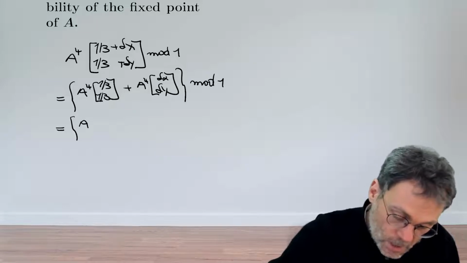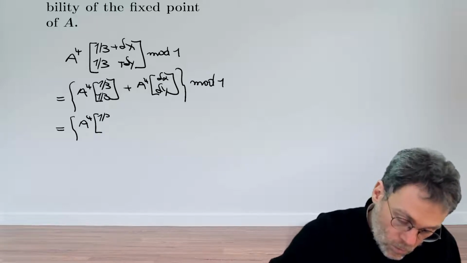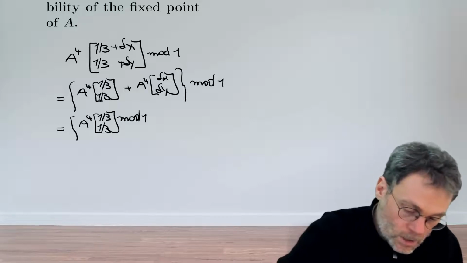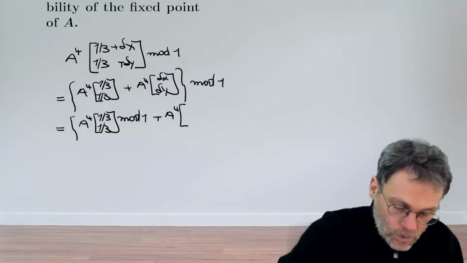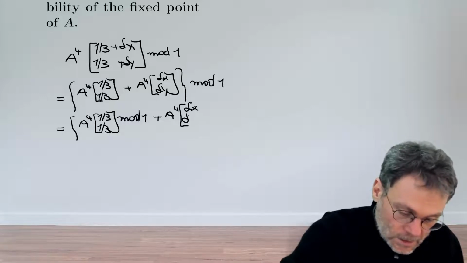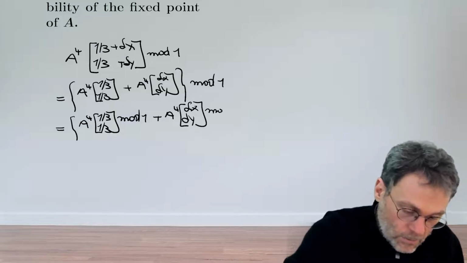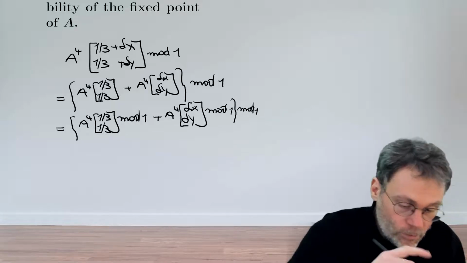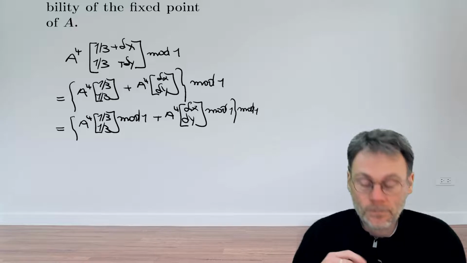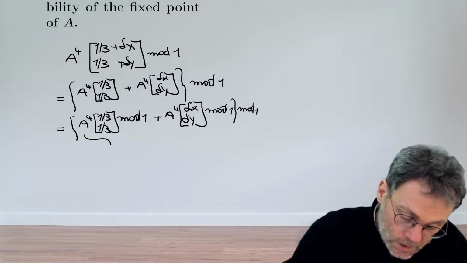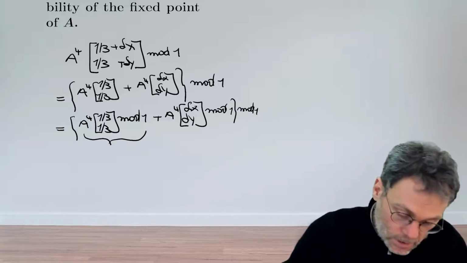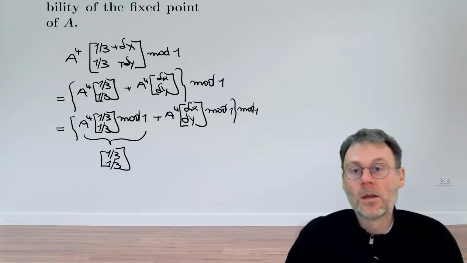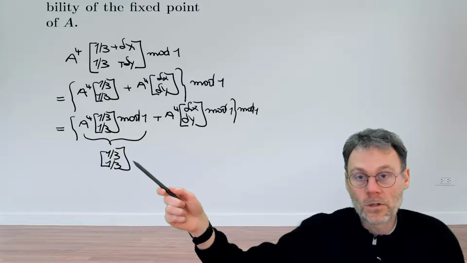So we can write this as A^4 (1/3, 1/3) mod 1 plus A^4 (delta x, delta y) mod 1, and then we have another mod 1 operator at the very end. The good news is that we know what this thing is. We know that 1/3, 1/3 is a fixed point of that particular map. So this is indeed 1/3, 1/3.